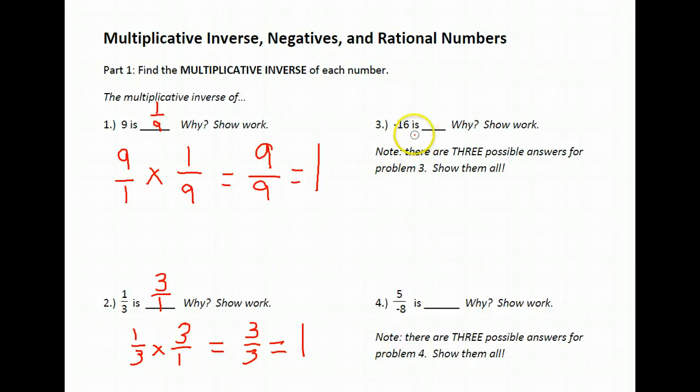Now, the multiplicative inverse of negative 16 could be 1 over negative 16, or it could be negative 1 over 16, or it could be negative 1 over 16.